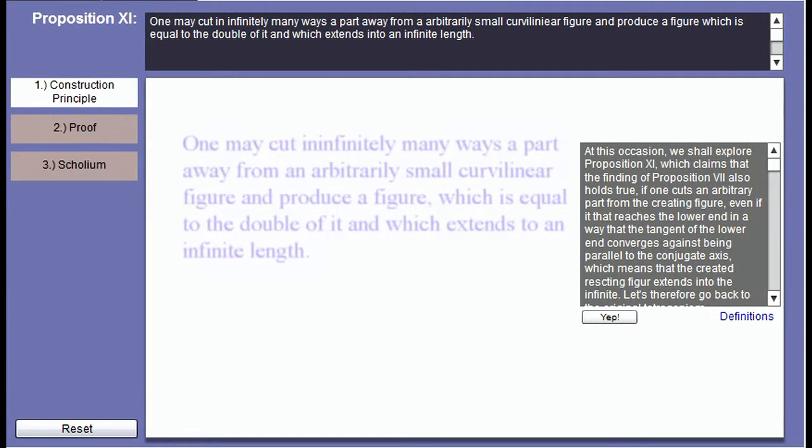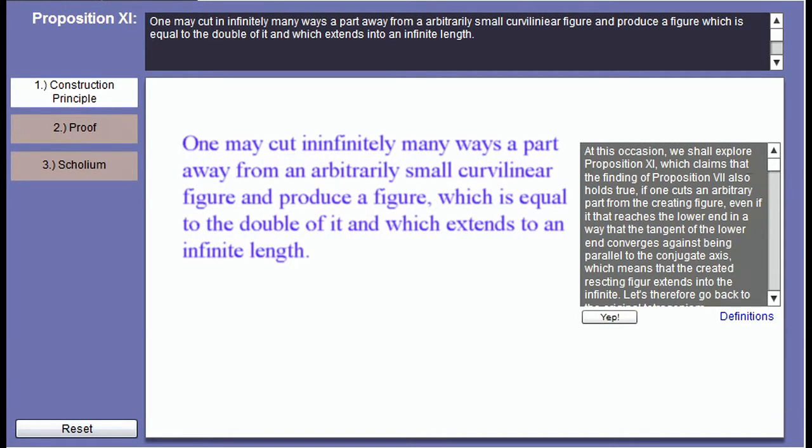Hello everybody, I welcome you to proposition 11 of Gottfried Wilhelm Leibniz's work on the arithmetic quadrature of the circle, parabola and hyperbola.